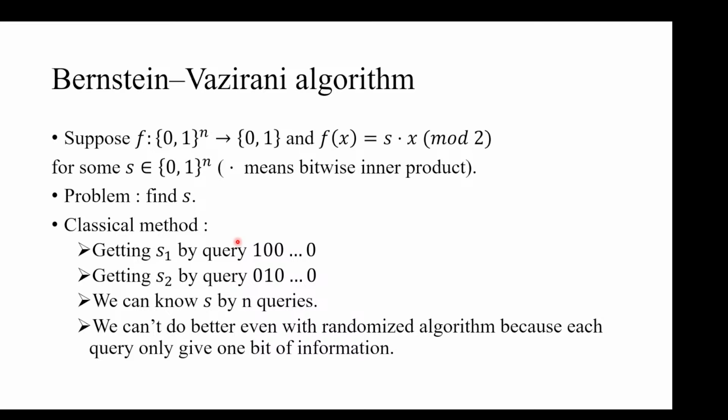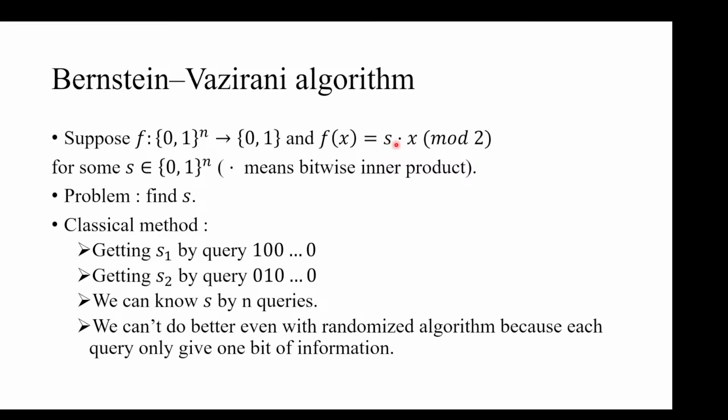We have an n-bit Boolean function, and we have this really mathematical promise. We promise that there is some secret s such that f of x equals s dot x. Here s is another input string, and the dot means the bitwise inner product we mentioned before.